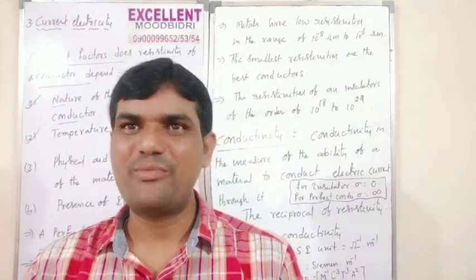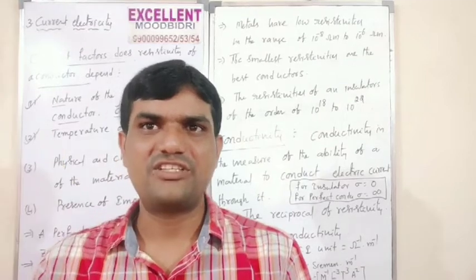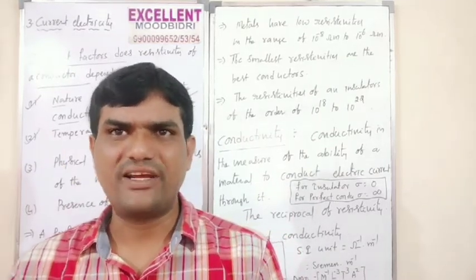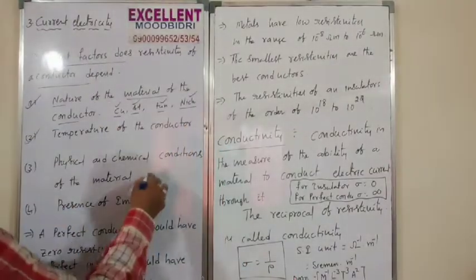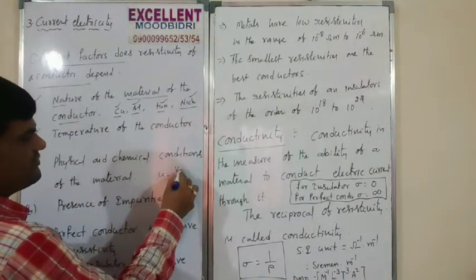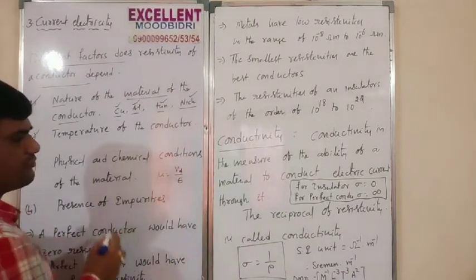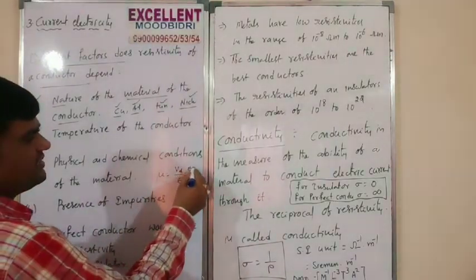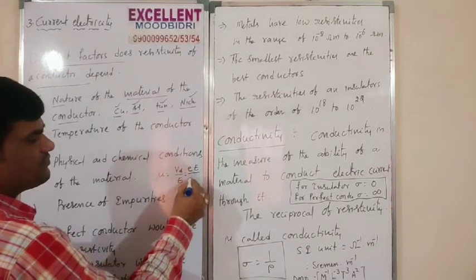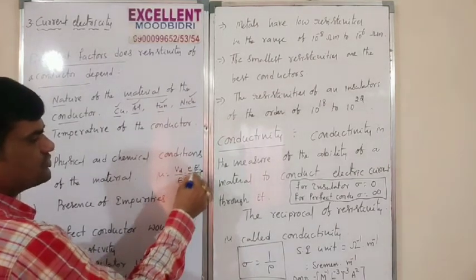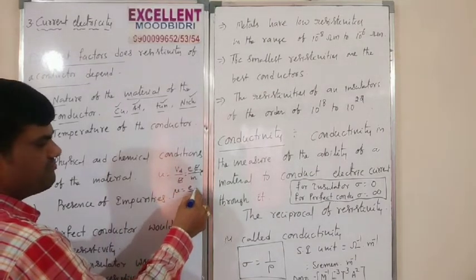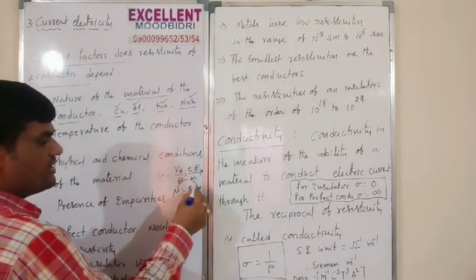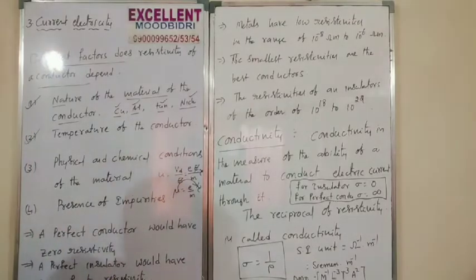Mobility is nothing but the drift velocity per unit electric field, right? That means mobility depends on drift velocity per unit electric field. Drift velocity formula is E by m into tau. So E gets cancelled. Therefore, mu is equal to e tau by m. That means mobility depends on relaxation time as well as mass.